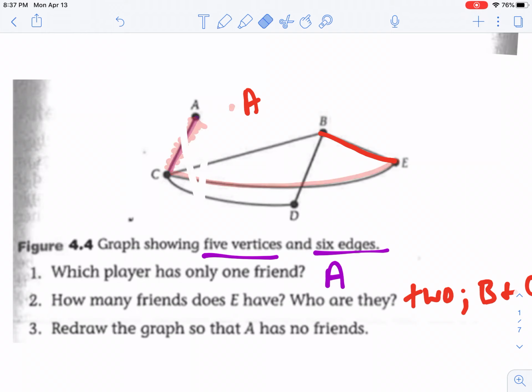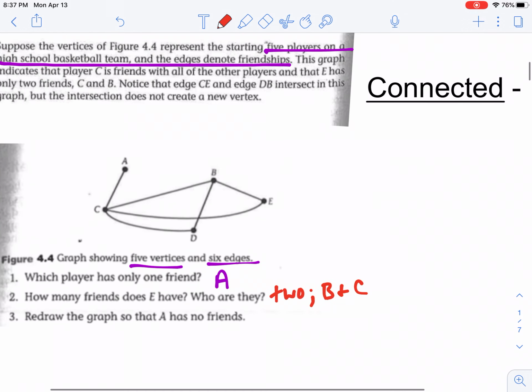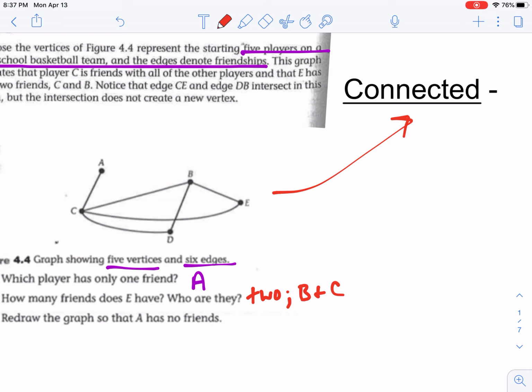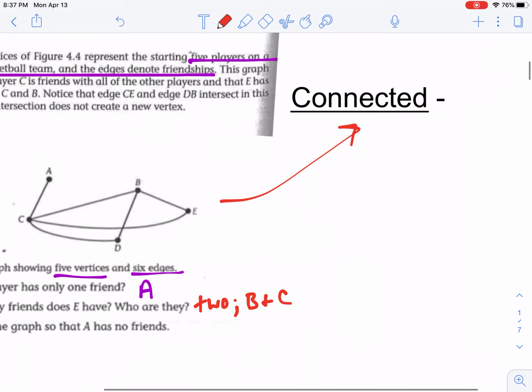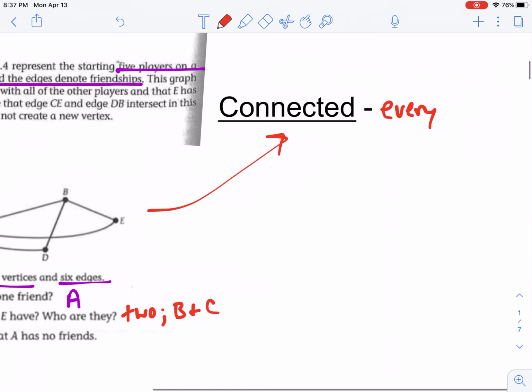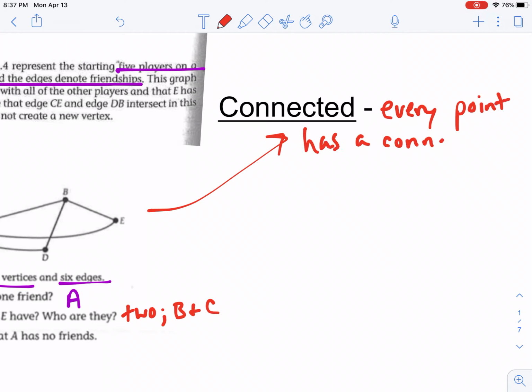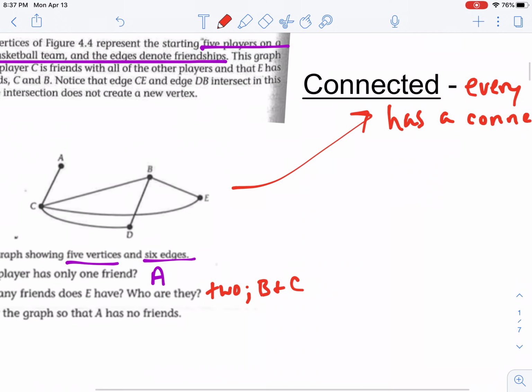have no friends. This graph is what's called a connected graph, because every point has at least one connection. Every point has a connection. And not only that, you could basically get everywhere you need to in this graph without ever picking up your pencil.